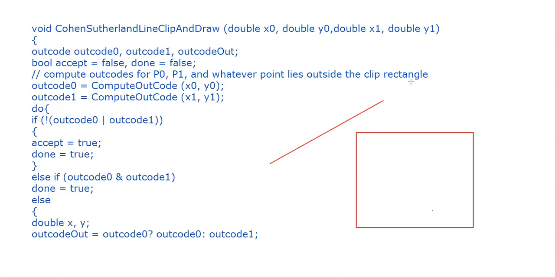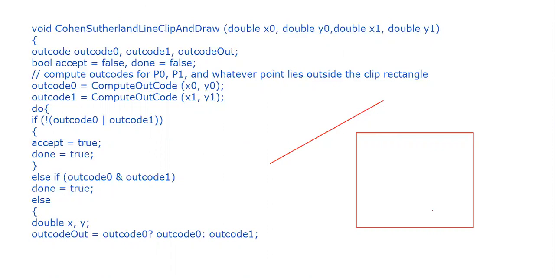The ABRL code for both will be non-zero, and if you AND both, it will be non-zero. Non-zero means it will go inside, and done is equal to true, because this line is not accepted because it is outside. It will be clipped. This is the second case.